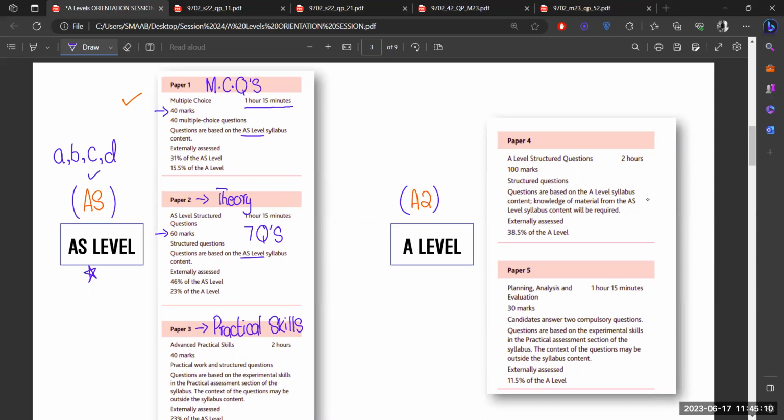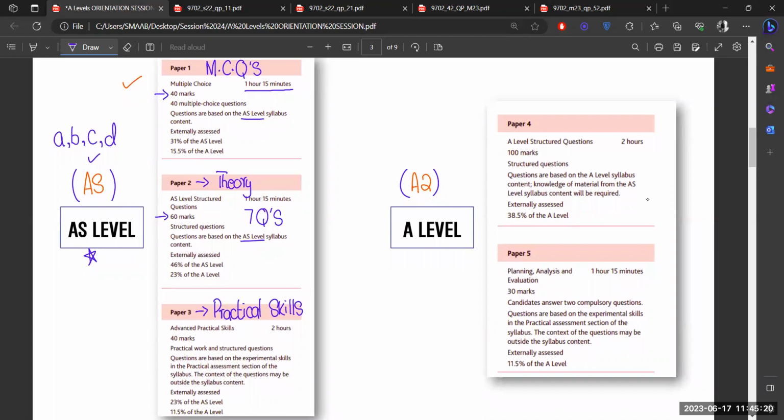So if you work hard in your AS level, then it will be easier to score in A2, because mostly students take AS lightly just like the O levels, but at last they find it very difficult to solve past papers because now the concepts are different, and a few topics and concepts are new for us in AS that we didn't study in O levels. So a student takes it lightly, and at last near the exam they find it very difficult to solve the questions.